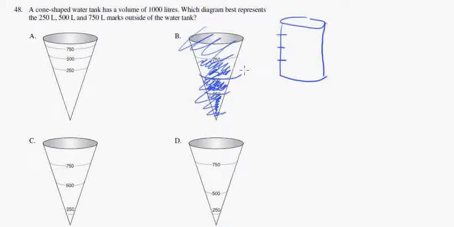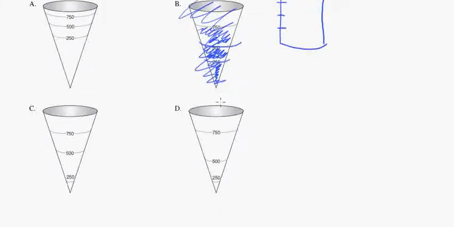So that leaves us with A, C, or D. If I scroll down here, C and D both have the 250 mark at this tiny portion. Remember, each of these marks is supposed to represent a volume which is the same. So this portion should be the same as this portion, which obviously it isn't, because this portion is way bigger.